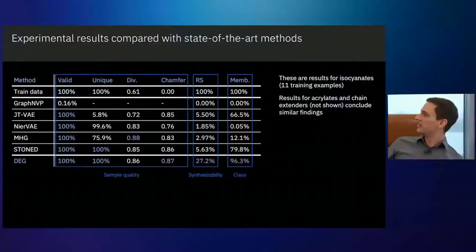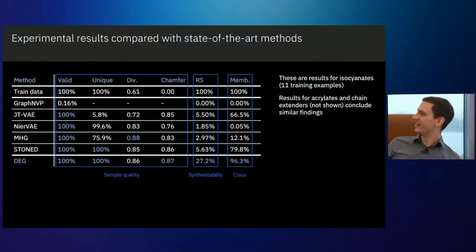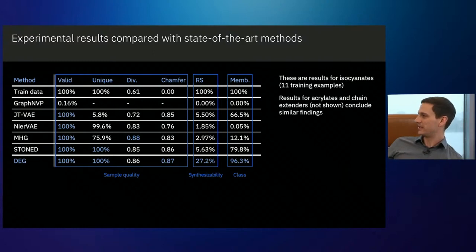But the interesting thing that you touched on at the end, the synthesizability and the membership, we can see that this method is outstanding there, because this RS value of 27% basically means retro score. So that is one of the tools that we use to measure the synthesizability of a molecule. Exactly. Good that you add that. I mean, it's on the bottom, right? Synthesizability. And that's something that we want to have, as I already mentioned.